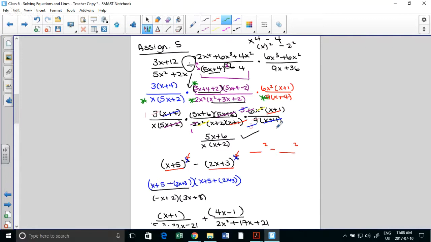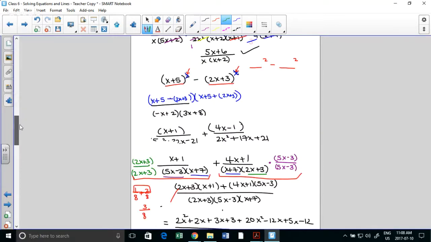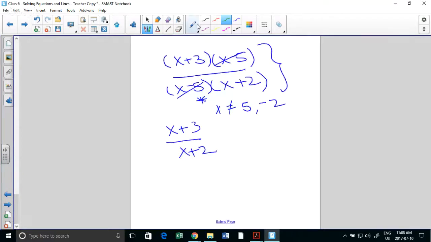Question 3 from the quiz. Then we really have to move on. Question 3 from the quiz is this one.